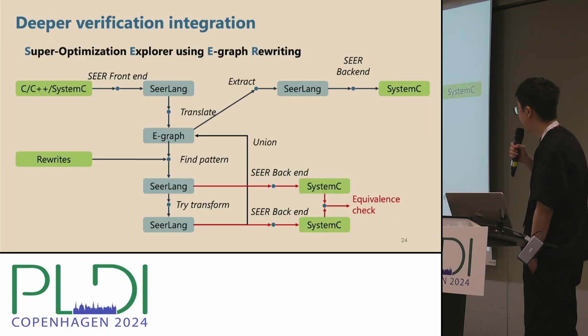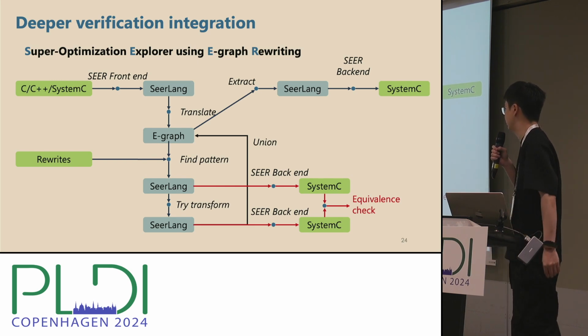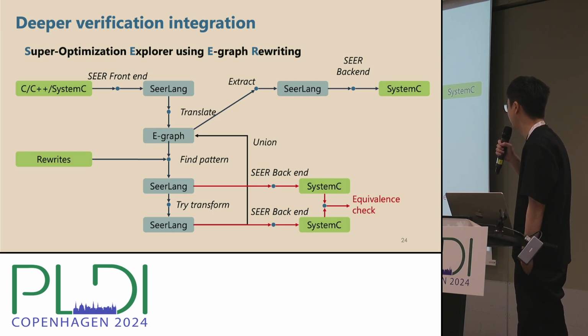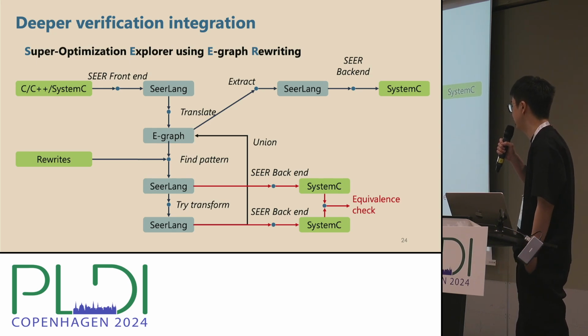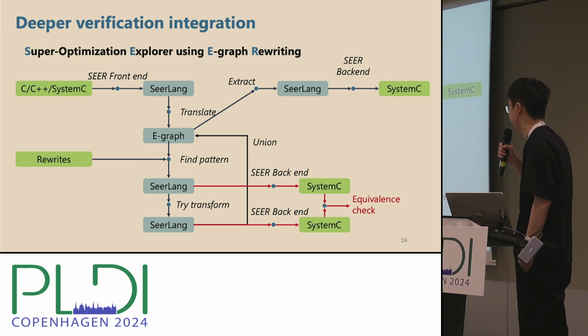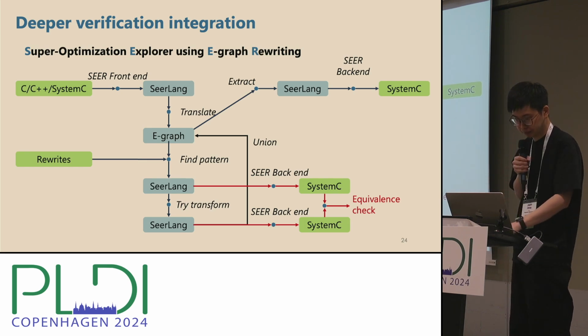Finally, the verification bit is a bit painful because every time we have to translate the CRLN back to SystemC for verification. It would be nice to have a deeper integration so that we only compare the changed bits between two CRLNs instead of trying to verify the equivalence of the whole program.